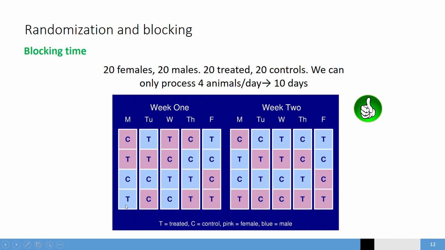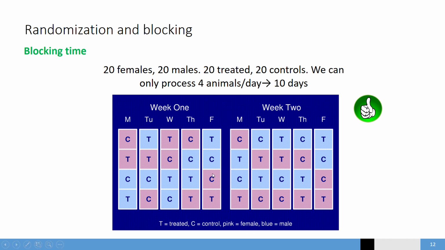And the same happens every day. So this is a much better design. We have blocked the day now, so we will factor out the variability caused by the days.